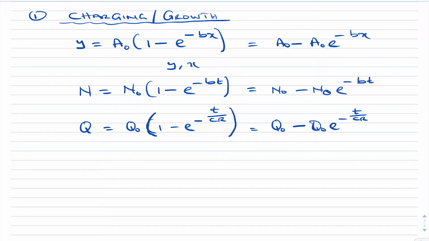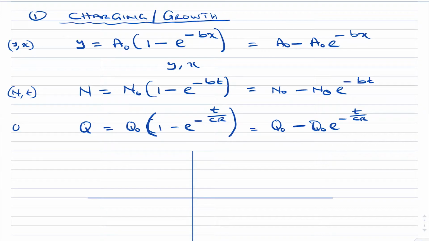A typical graph for this charging or growth is, if I draw this y-axis or n-axis or q-axis, and as you know, the functions here are y and x, here n and t, and here q and t.